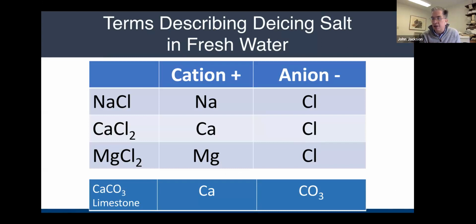Distilled water doesn't conduct electricity. You add salt to it and it does. That's why they call it specific conductance or electrical conductivity. So we're breaking up sodium chloride, calcium chloride, magnesium chloride. But remember also calcium carbonate, limestone, that's a salt, and it breaks apart into a positive and negatively charged ion.